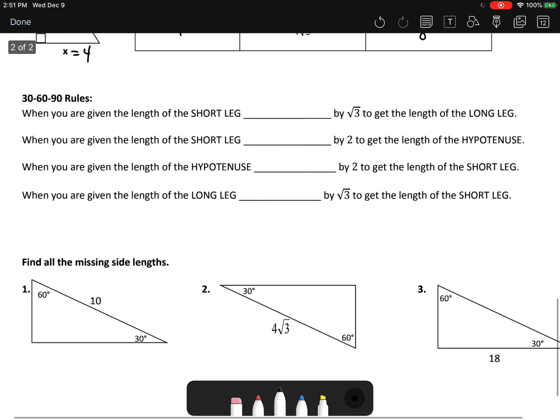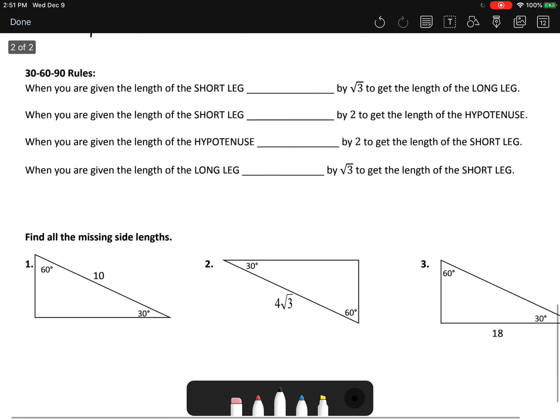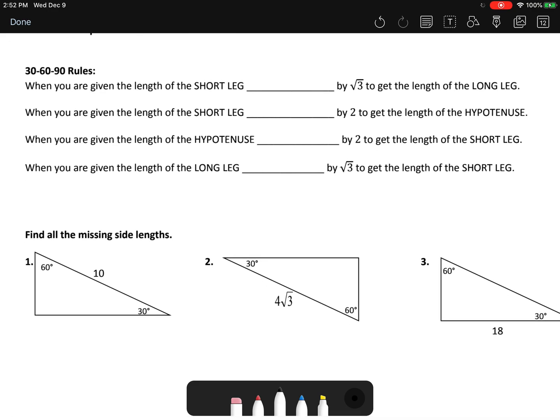All right, so here are the rules if we write it, because some people like words. When you're given the length of the short leg, multiply by radical 3 to get the long leg. When you're given the length of the short leg, multiply by 2 to get the length of the hypotenuse.